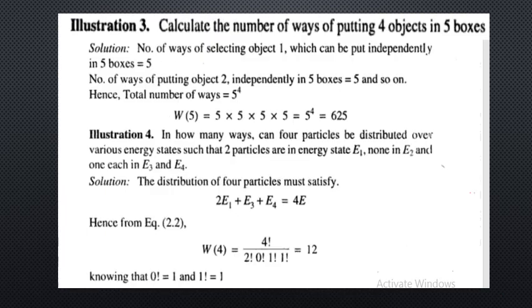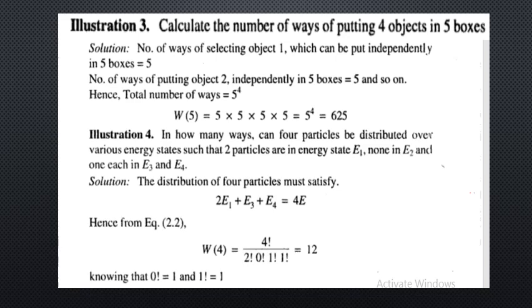One more problem based on the combinatorial rules. The question is, calculate the number of ways of putting 4 objects in 5 boxes. This numerical can be solved by rule F we have seen before. To solve this question, the number of ways of putting object 1 independently in 5 boxes will be 5.